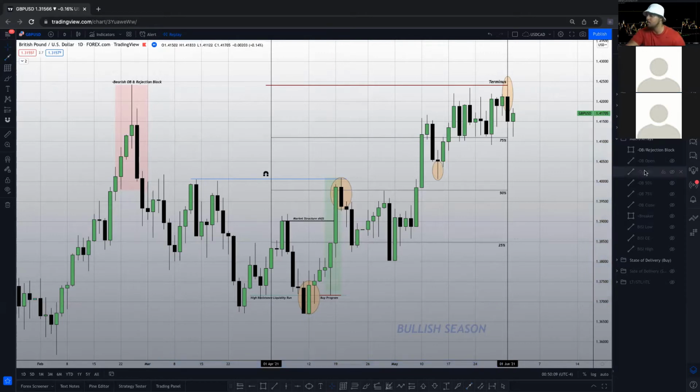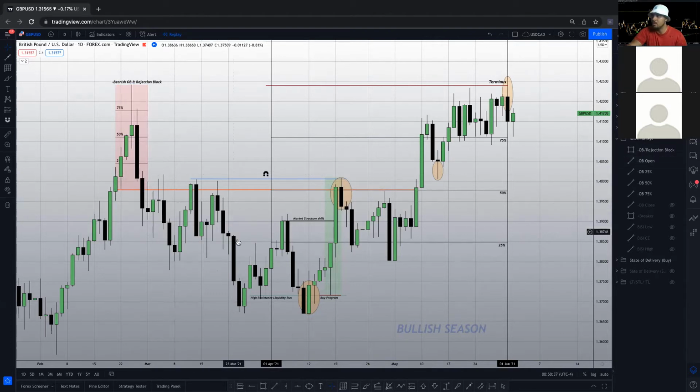So what I want to put on the screen here is basically the range of this bearish order block. And as you can see, the open, or the low of this order block, creates another rejection point at the discount level in the order block.